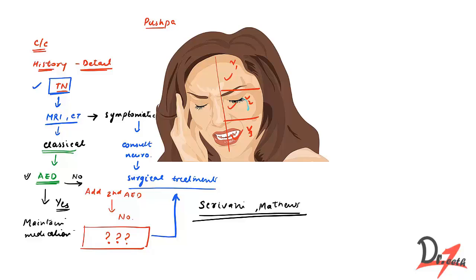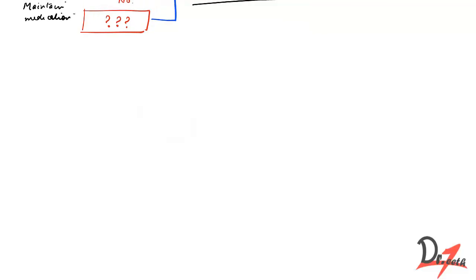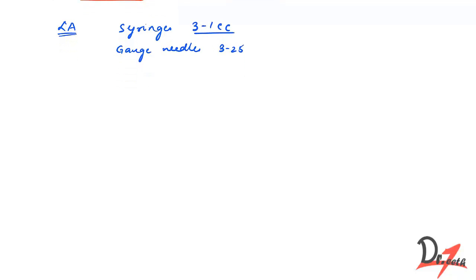Now before I end this video, let us see how we use local anesthetic agent for diagnosis of TN. We need some syringes, to be precise 3, 1 cc, and we need needles, that is 325, and we need sterile normal saline.